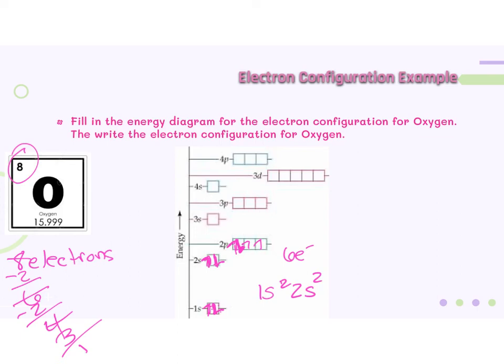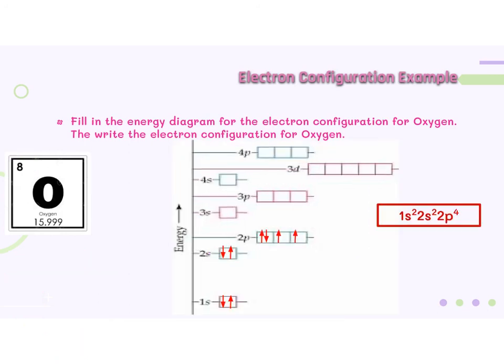Now, for the p's, I have my 2p, and I have 1, 2, 3, 4 electrons in my 2p orbitals. So the electron configuration for oxygen is 1s2, 2s2, 2p4. Here's a clearer picture than the one I just drew of oxygen's electron configuration.